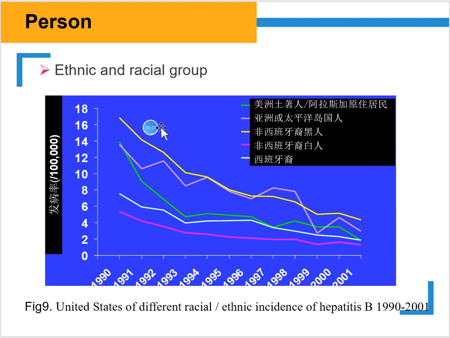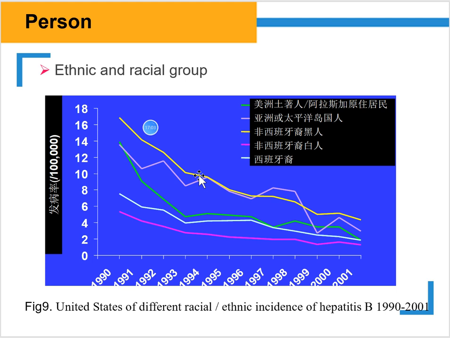Figure 9 is United States of different racial incidents of hepatitis B during 1990 to 2001. The abscissa is years. The ordinate is incidence rate. The yellow curve represented the blacks of non-Hispanic.